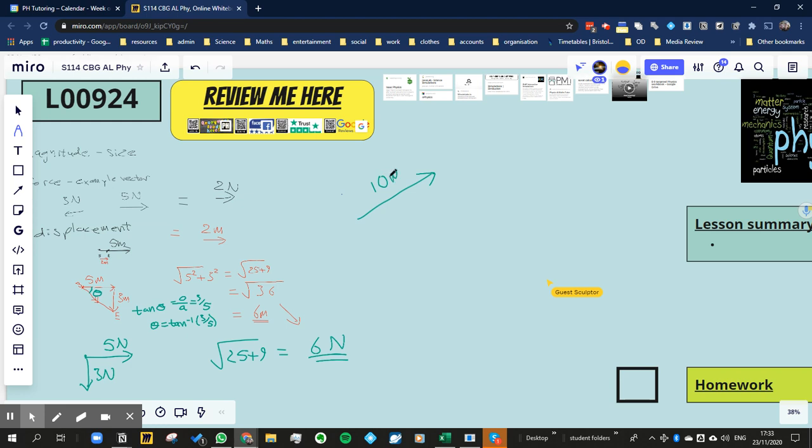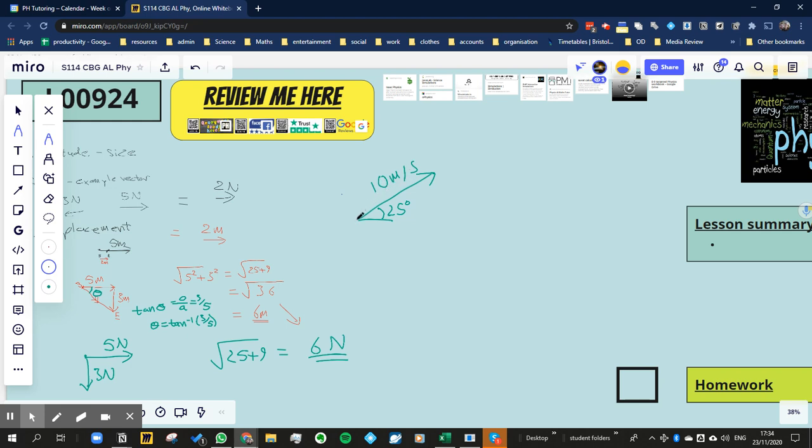So it's 10 meters per second, and it's 25 degrees to the horizontal. Now we want to know, could we potentially break this into 2 different vectors? So imagine this. Working out the different components of the vector, in this case velocity, you'd say what 2 perpendicular vectors would add to produce this.